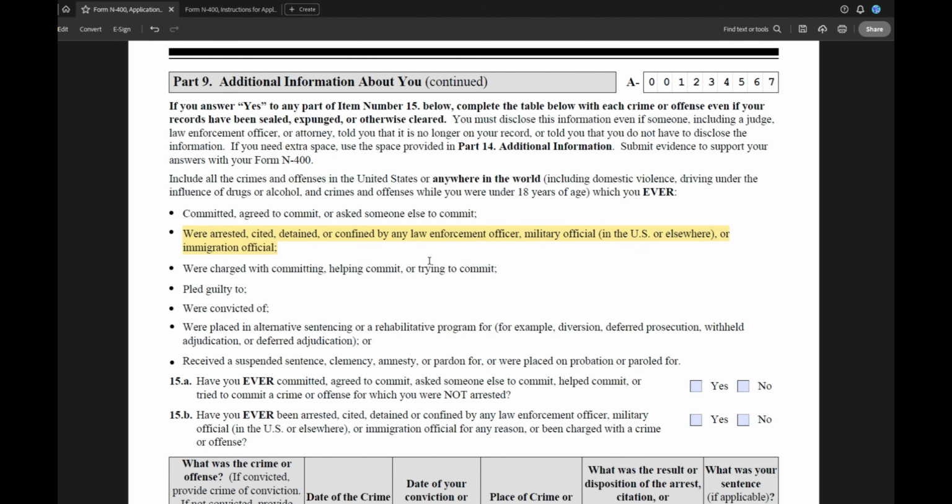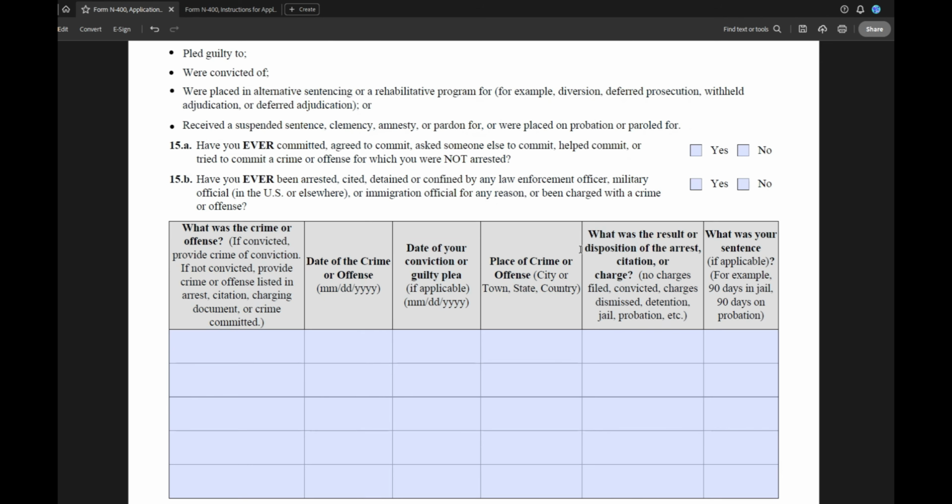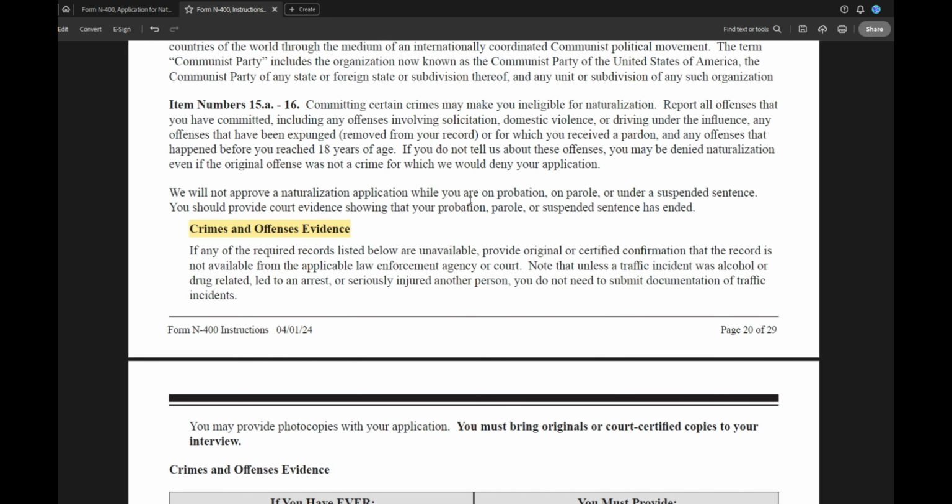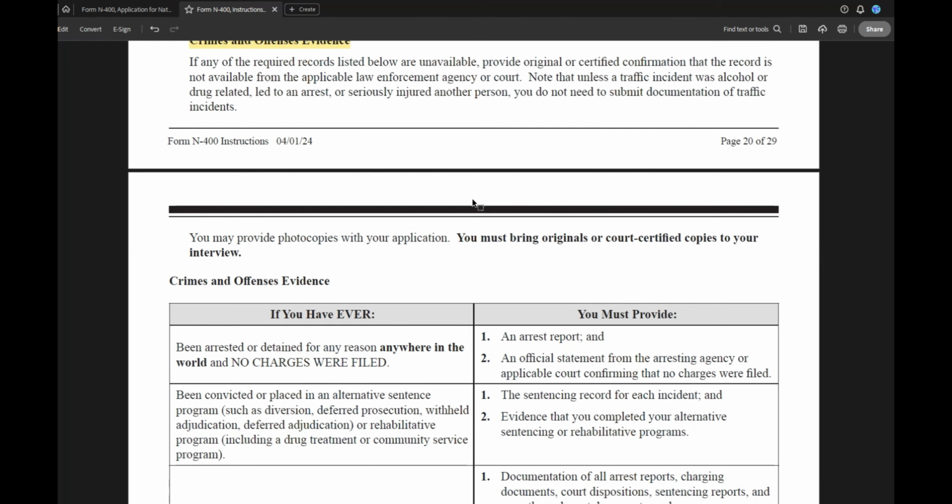So you will need to provide this information even if someone, including a judge, an officer, or an attorney, told you that these things are no longer on your record, or you don't have to disclose this information. You absolutely have to do that. You're going to provide details of those crimes in the table below, but you will also need to provide evidence, which is what the form instructions are referring to.